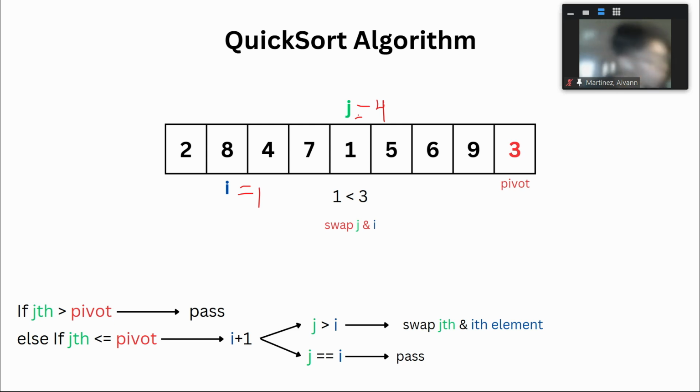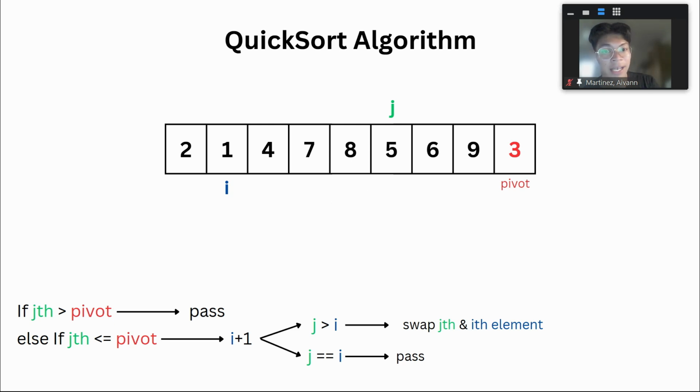So we have to swap our jth element and our ith element. So notice here that we have already swapped 1 and 8. So after iterating j again, we have to ask, is our jth element greater than our pivot? Yes, because 5 is greater than 3.